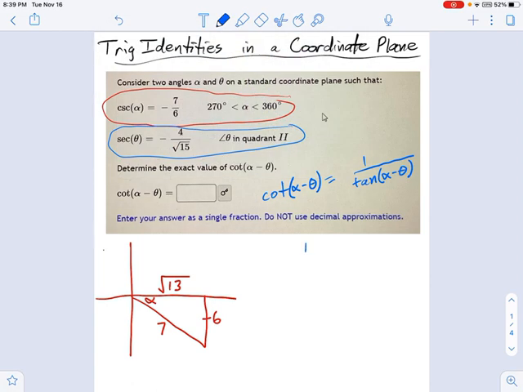And on the next angle, this is in quadrant 2. Let me give myself a little more space here. Quadrant 2, here's my triangle. The secant is -4 over root 15. If the cosine is adjacent over hypotenuse, that means secant is hypotenuse over adjacent, which you might say is -4 over root 15, but remember, we have to make sure the negative sign is not on the hypotenuse.